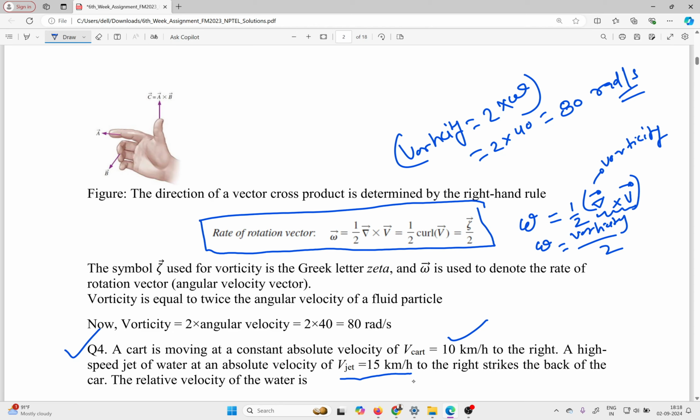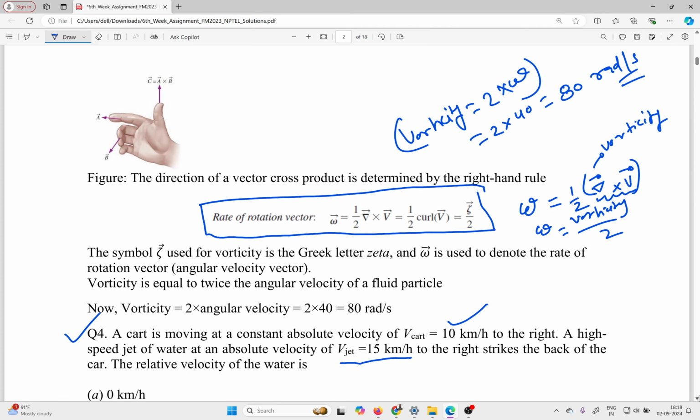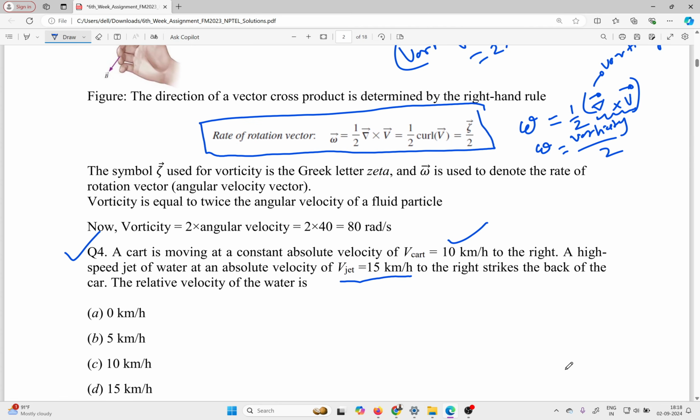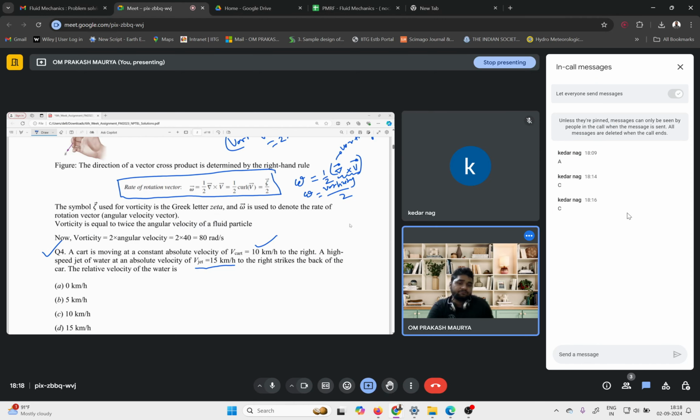The relative velocity of water is, for question number 4, what is your answer? Four options are given. Please try to give your answer.